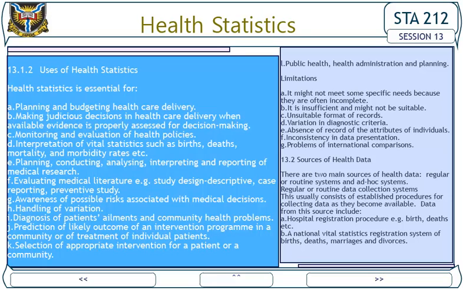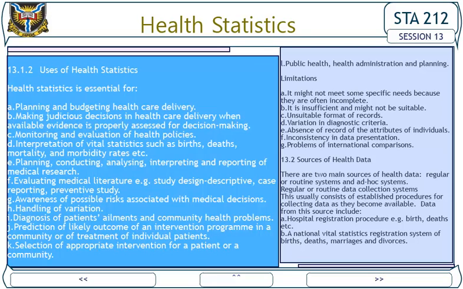D. Interpretation of vital statistics such as births, deaths, mortality, and morbidity rates, etc. E. Planning, conducting, analyzing, interpreting, and reporting of medical research. F. Evaluating medical literature, e.g., study design, descriptive, case reporting, preventive study.